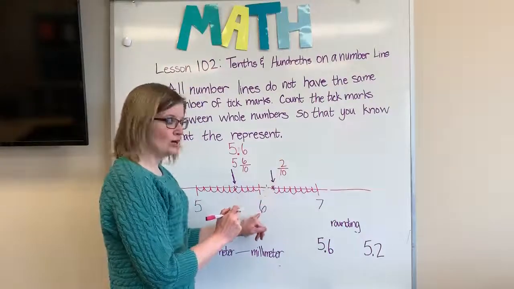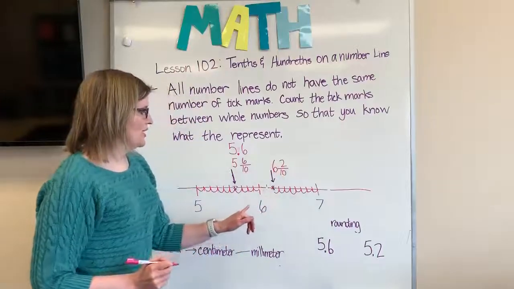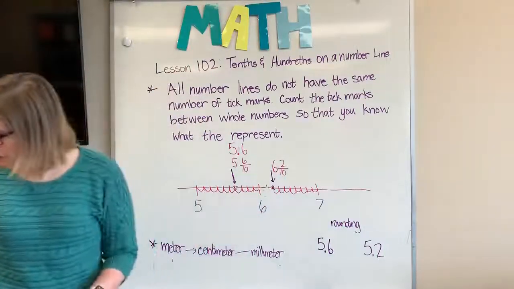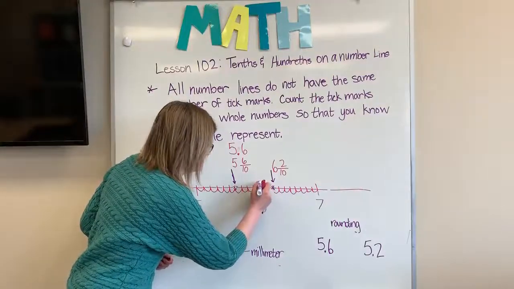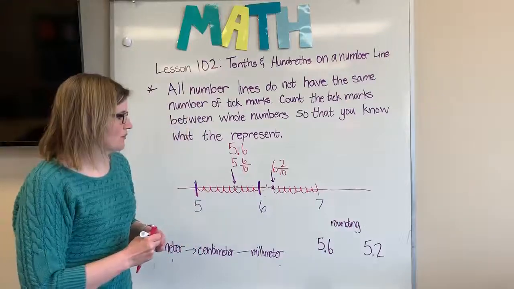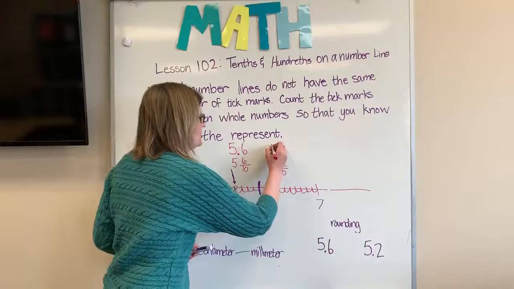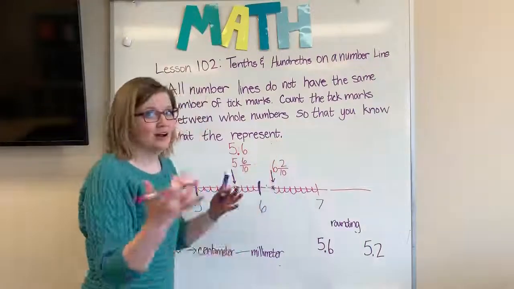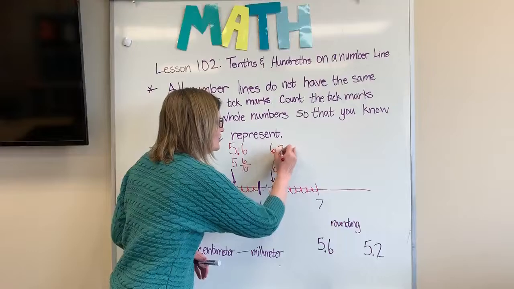Don't forget our whole number: 6 and 2/10. Now, I'm going to take a marker and make this more visible. Now, with this point, we can also convert it to a fraction or to a decimal, 6 and 2/10.